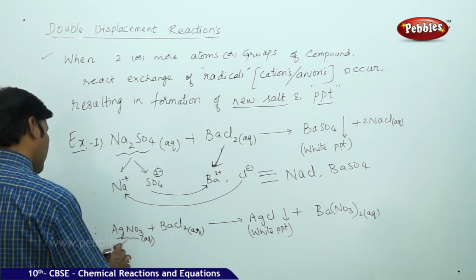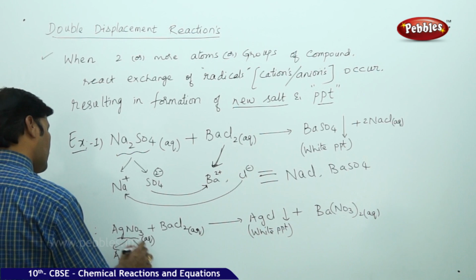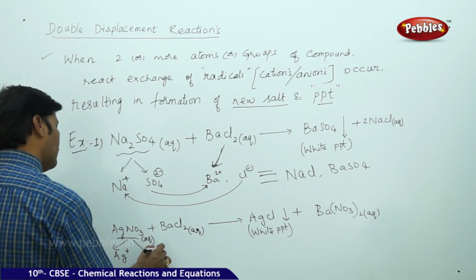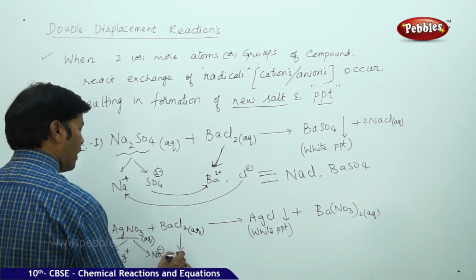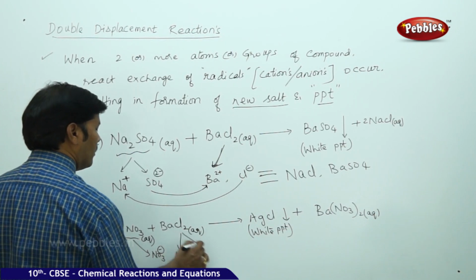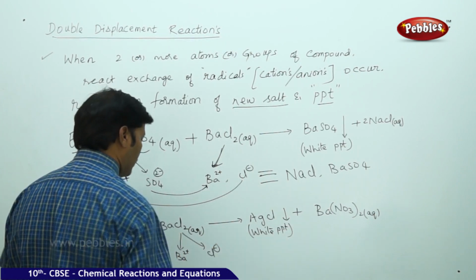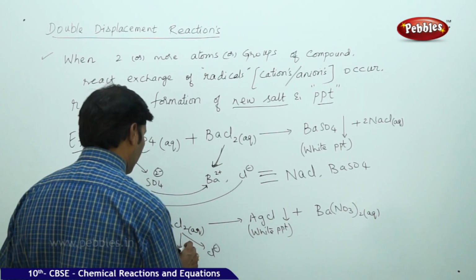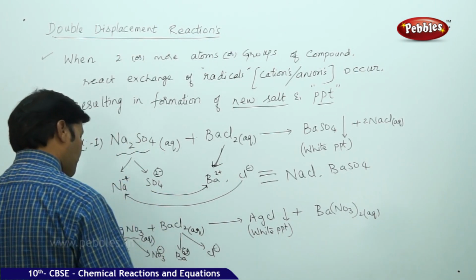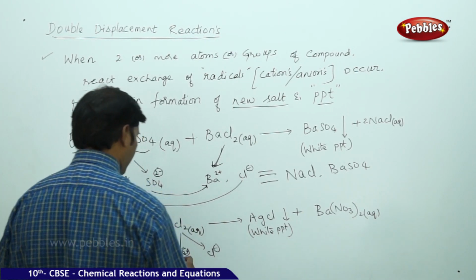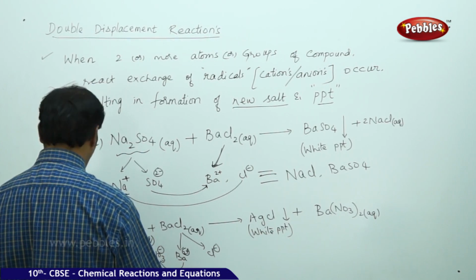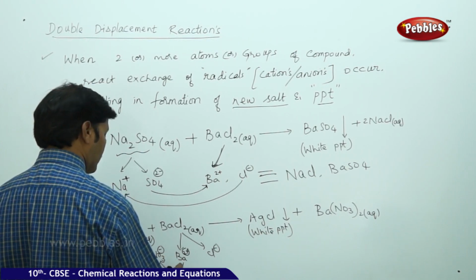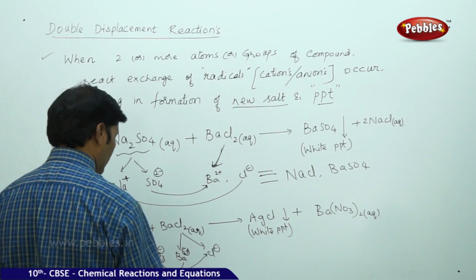In silver nitrate we have one Ag plus ion and one nitrate ion, and in barium chloride we have one barium ion plus one chloride ion. So exchange of ions is taking place here. Barium is being exchanged towards nitrate, and silver ion is getting exchanged to chloride ion.